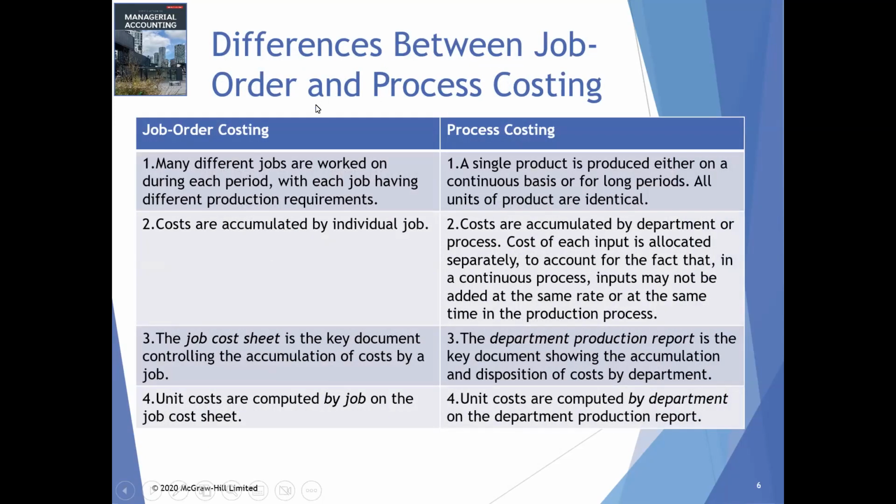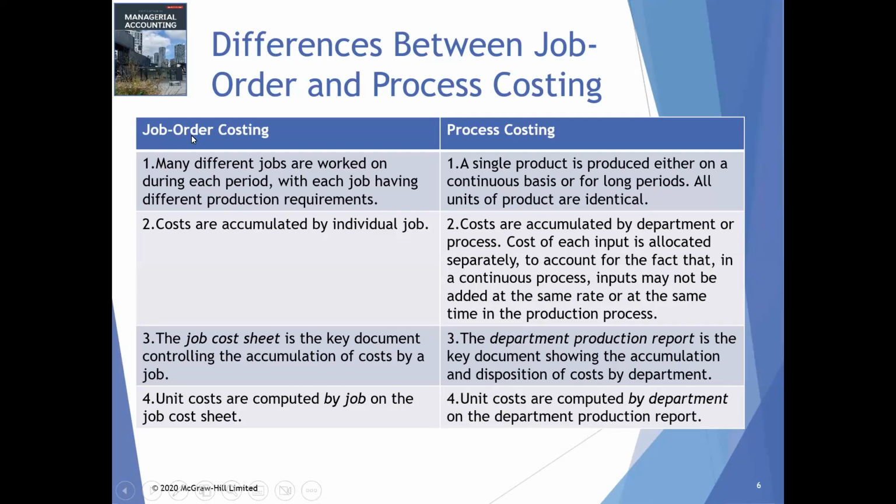Now the differences between job order costing and process costing. The first difference is that many different jobs are worked on during each period, with each job having a different production requirement.